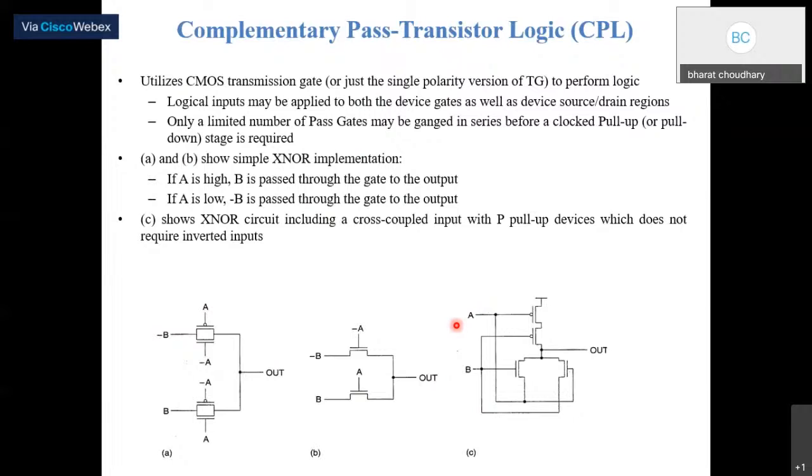There is no requirement to complement these variable functions, because we are applying A and B to the gate as well as to the source and drain potential. If we apply the logic variable at the source and drain potential, we can implement whatever desired function. So this is all about complementary pass transistor logic.